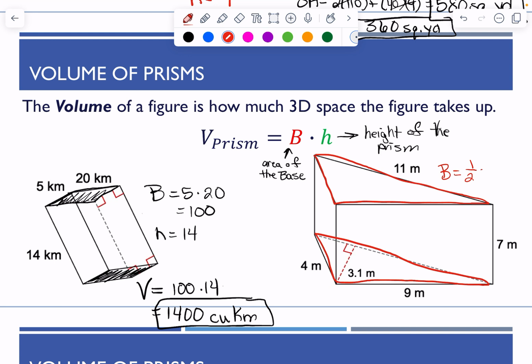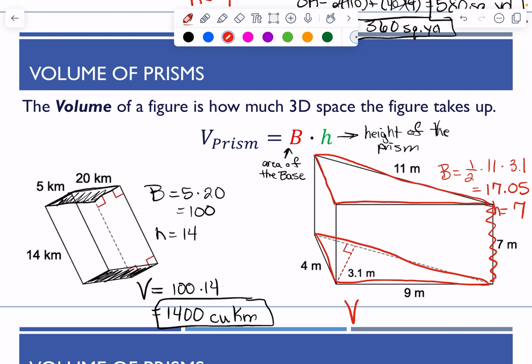So this is going to be 11 times 3.1. So if we take that, 11 times 3.1, divide that by 2, and we get 17.05. Remember, the height is going to be 7. In other words, how far are those bases apart?